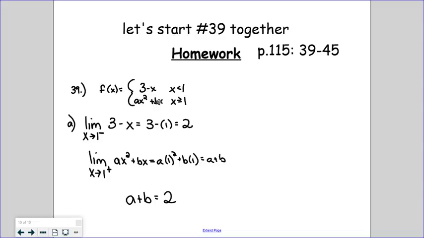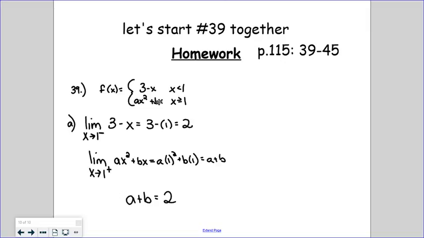Well, the differentiable part of it means the left and the right hand derivatives need to be equal to each other, yes? So now you're going to do kind of this similar process, but we're going to do our formal definition of the derivative on the left and right of 1. And at 1, they need to be equal to each other. So when we get those two answers, we're going to set them equal to each other. Well, those two answers, again, we're going to have a's in them.